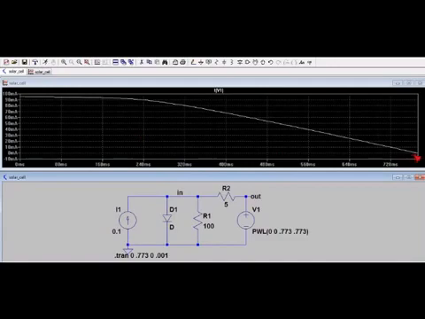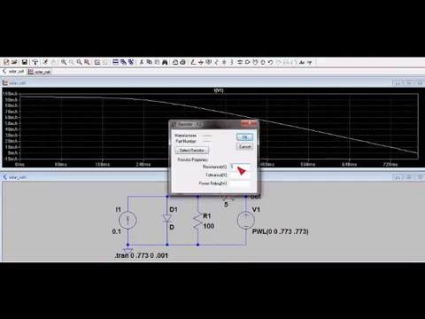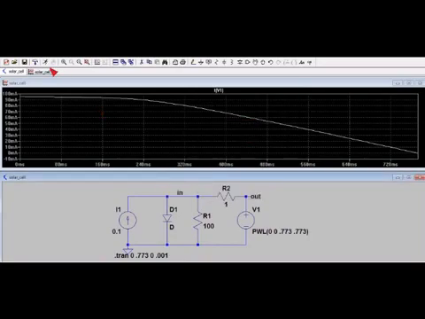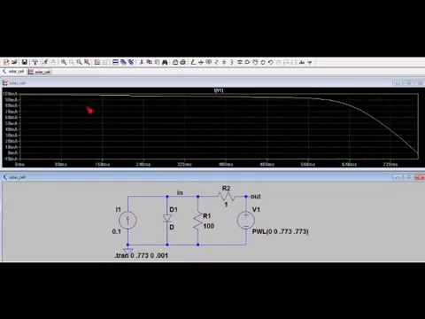Wow, this slope has changed. So the area under this curve has been diminished, and the solar cell is less capable of delivering energy to this load. So let's change this resistor back. Let's put it back at 1 ohm. Say OK. Let's reset our simulation.